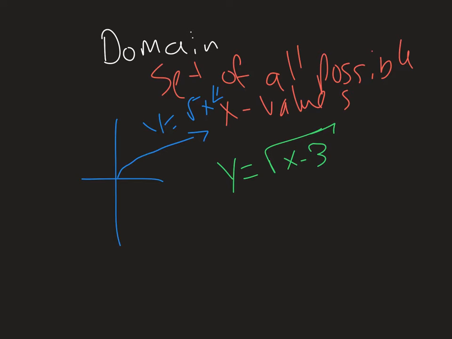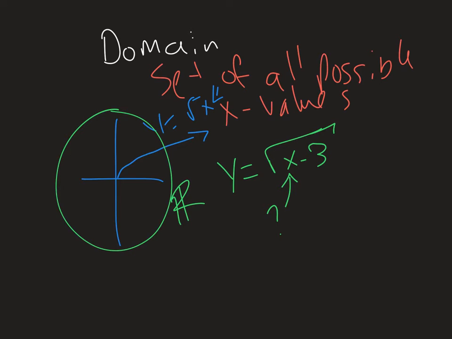And I want to know what values I can plug in for x where I will have either 0 or a positive value. Because I can't take square roots of negatives along this coordinate grid system. This only applies to real numbers.